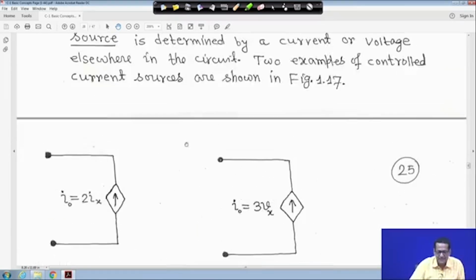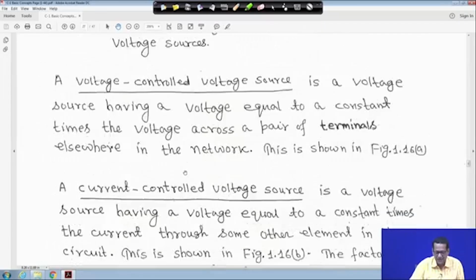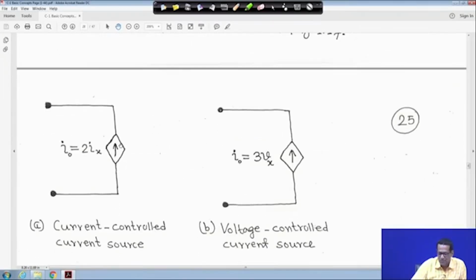And another thing is that whenever we show plus and minus for a voltage source, similarly for the current source, whenever the arrow is upward, it means the current is leaving upwards, that is, current is flowing upward. So current is flowing like this. Similarly, this is the upward direction, and current is flowing like this.